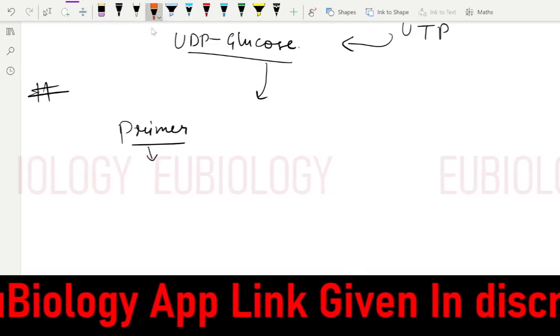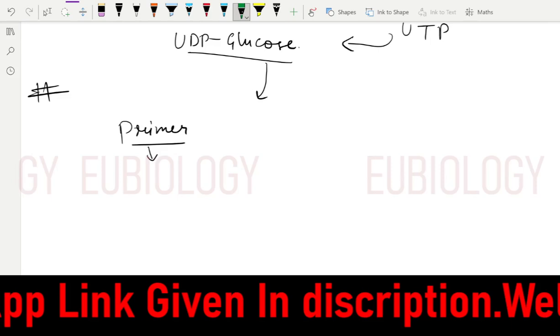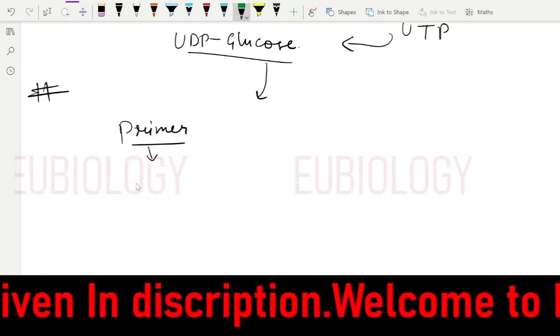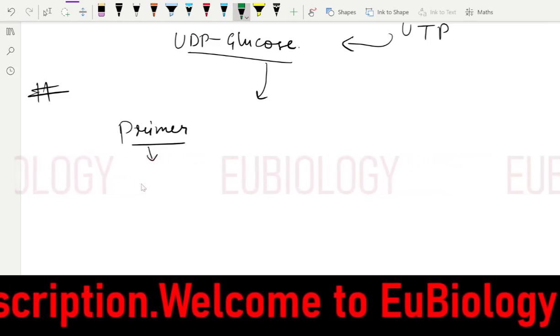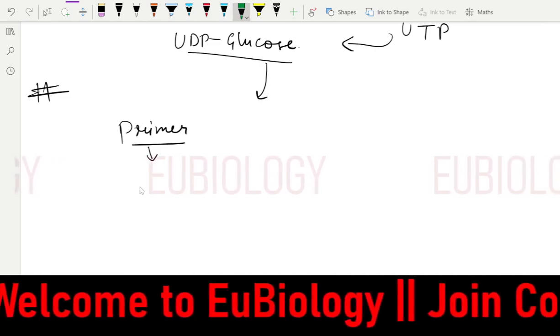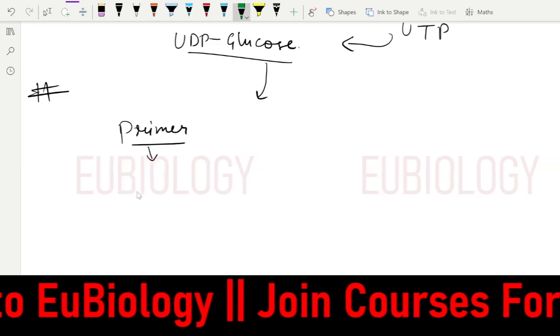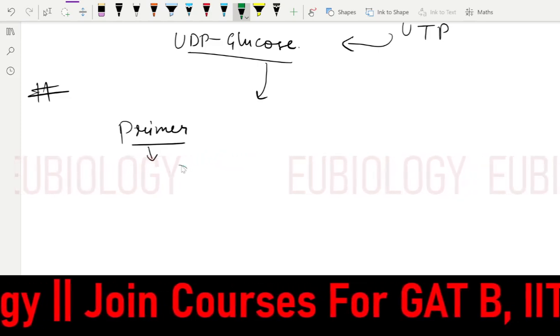There is one enzyme which is called glycogenin.